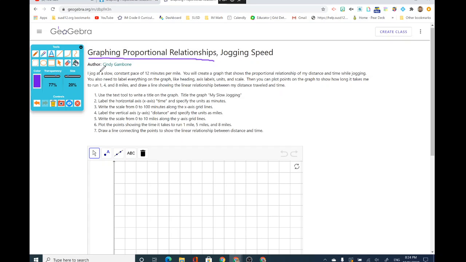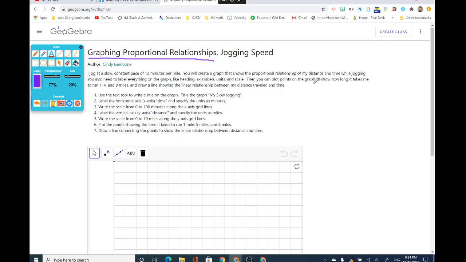It says, I jog at a slow, constant pace of 12 minutes per mile. You will create a graph that shows the proportional relationship of my distance and time while jogging. You also need to label everything on the graph, like the heading, axes labels, units, and scale.